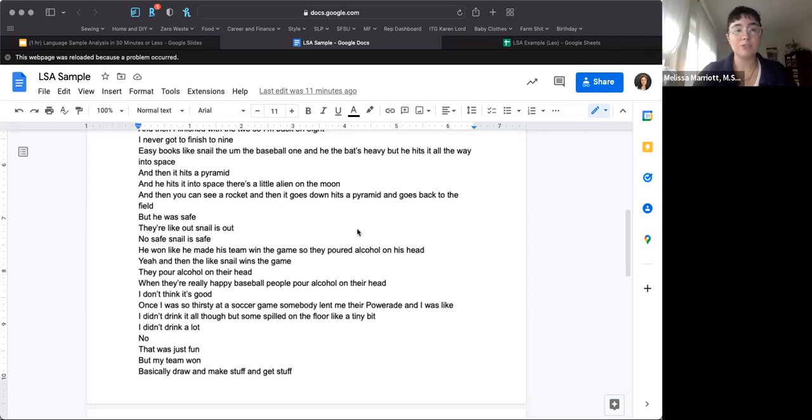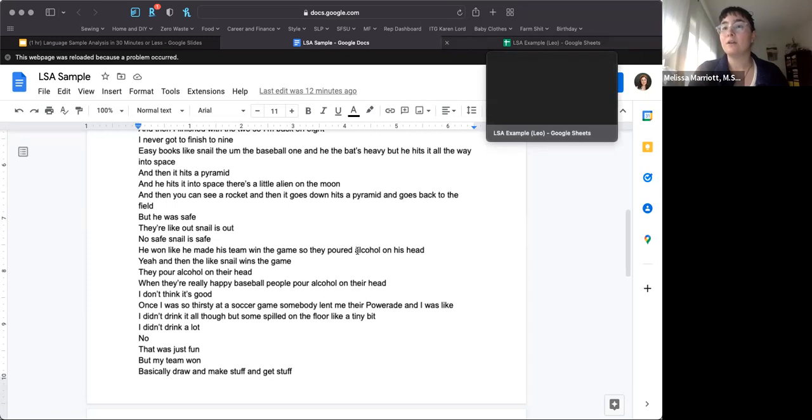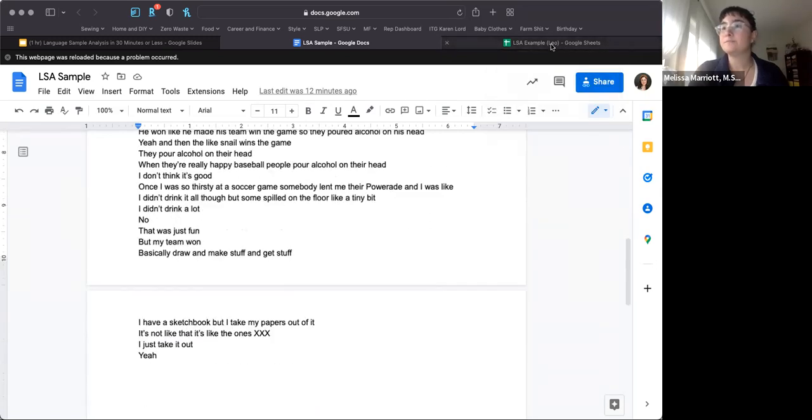You want to have that information, but it doesn't really skew the mean length of utterance in one direction or the other, right? So you get the best of both worlds, basically. You get to keep the information about intelligibility without it being a huge impact on the mean length of utterance.